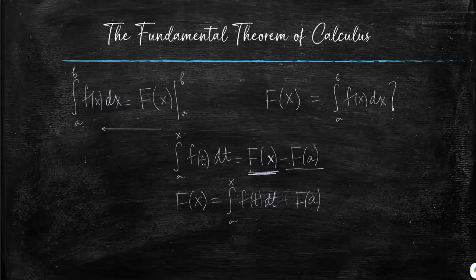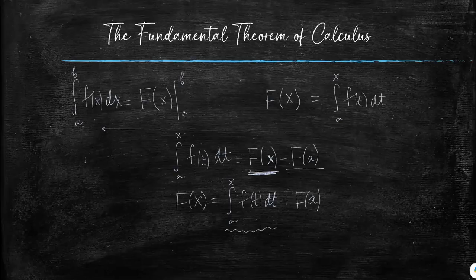In this expression, this is a definite integral. So it wasn't definite integral from a to b, but it was a definite integral from a to x. And because x is an outside variable, we definitely cannot use that variable here. So we're going to just pick another dummy variable, such as t.